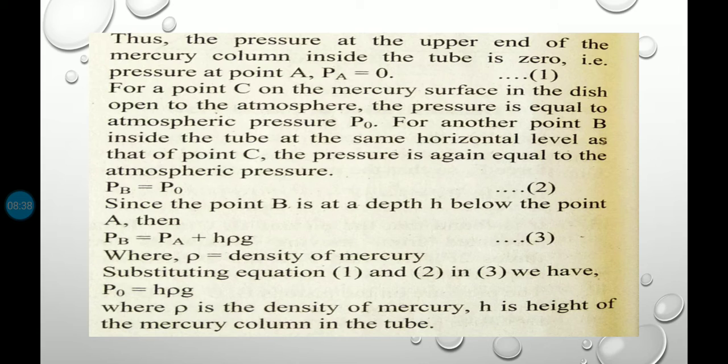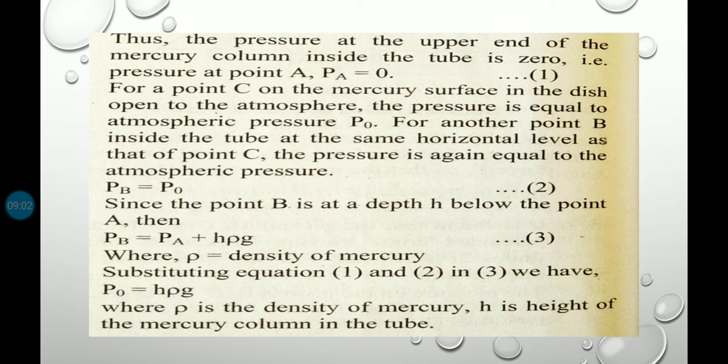For a point C on the mercury surface in the dish open to the atmosphere, the pressure is equal to atmospheric pressure P0. For another point B inside the tube at the same horizontal level as that of point C, the pressure is again equal to the atmospheric pressure.